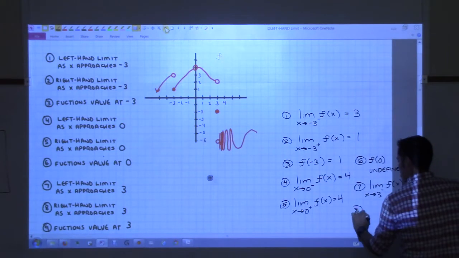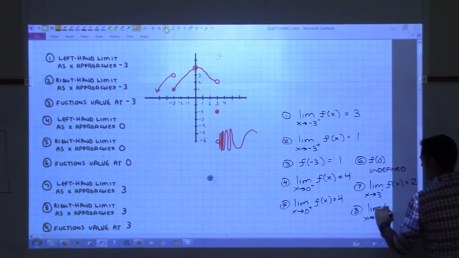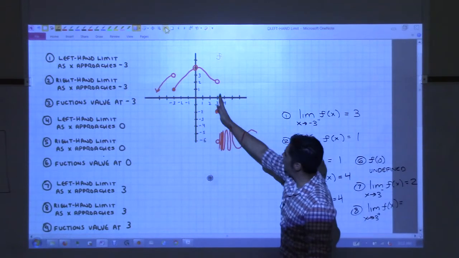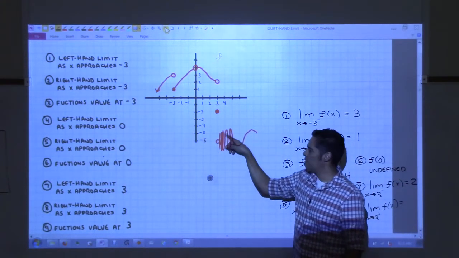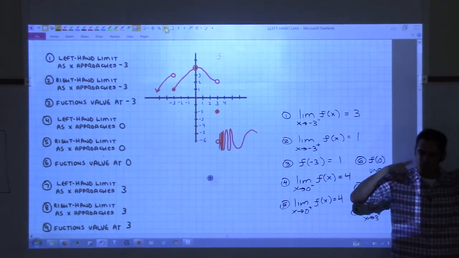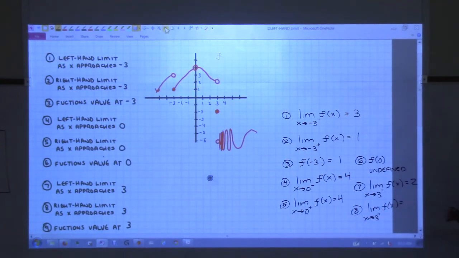And then number 8, limit x approaches 3 from the right of the function. What is it from the right? So this is 3, we're approaching it from the right, so we're on this part right here, which is doing what? It's oscillating. We did that one problem, remember, where it oscillated like that and went crazy? Do you remember that? And what did we say in that case? Does not exist.